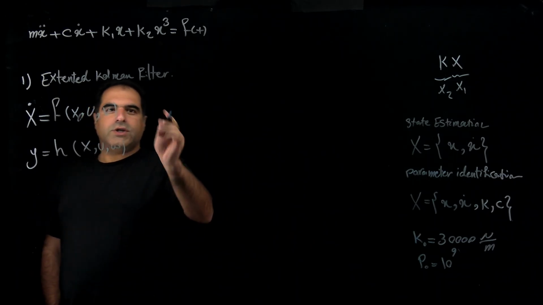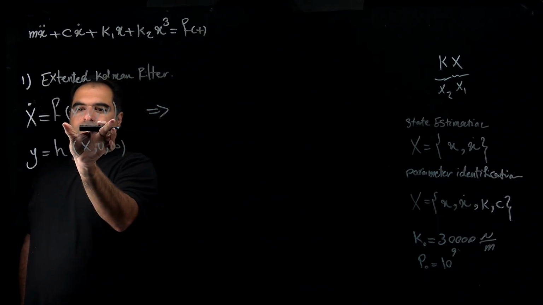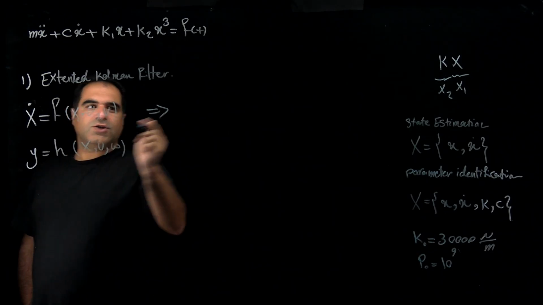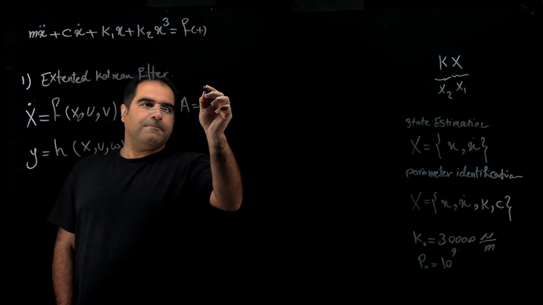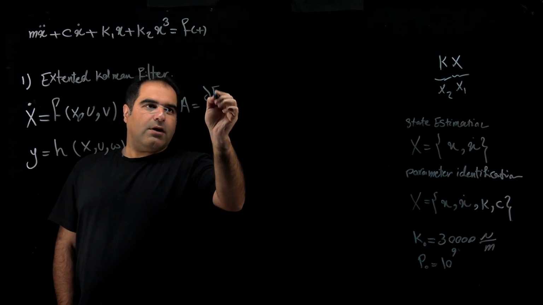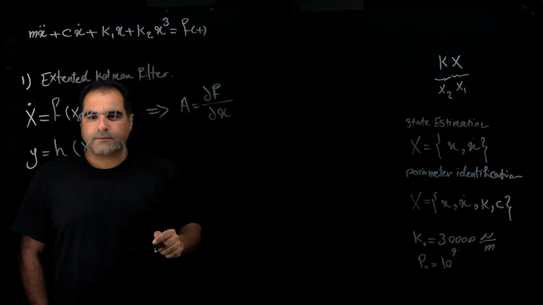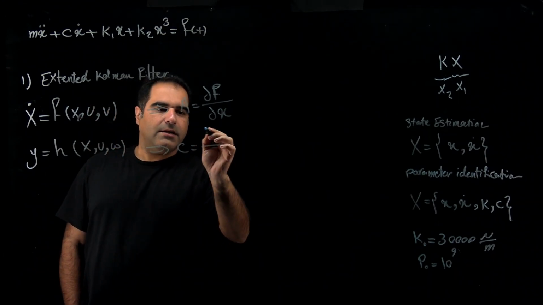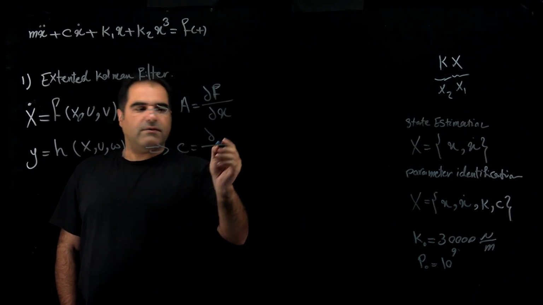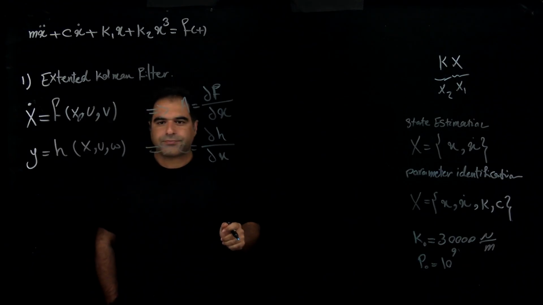For these kinds of equations, the extended Kalman filter tells you that you can linearize this function and find your matrix A based on the partial derivative of your F with respect to the state vector. And your C matrix, the same way, will be the partial derivative of your H with respect to your state vector.